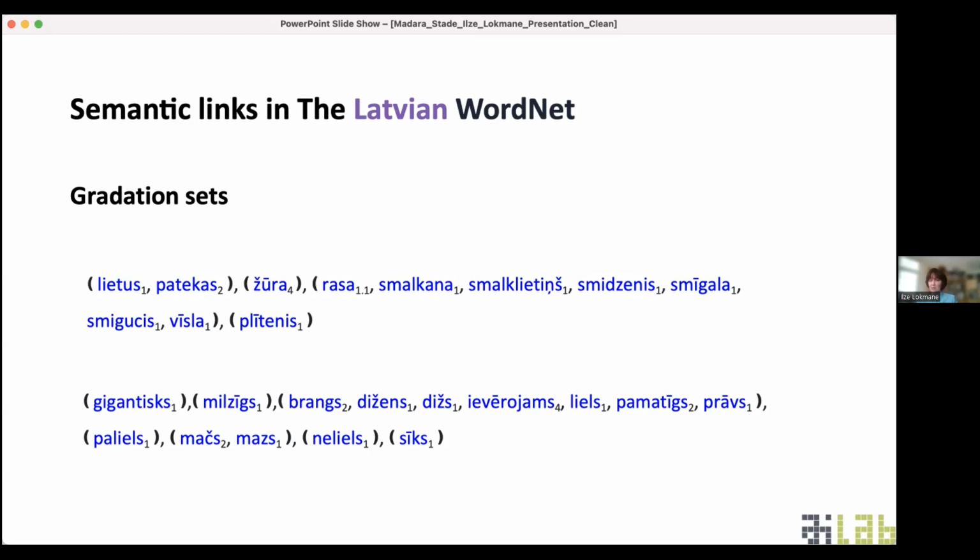But it may also include different parts of speech, for example, nouns and also some verbs. And here you see also a gradation set with the general meaning rain, lietus, showing different, let's say, levels of raining or intensity of raining.